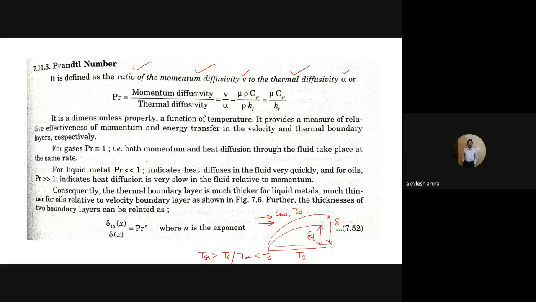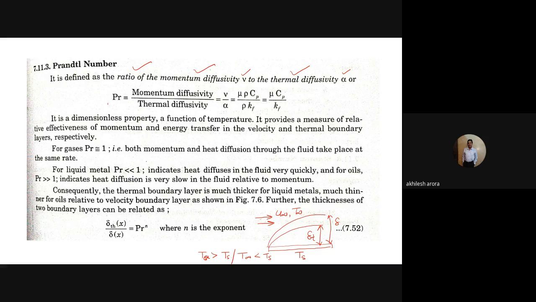This Prandtl number shows us how much is the diffusion of the momentum from the surface of the solid to the free stream, and how much is the diffusion of thermal energy. So it is showing the relative measure of the two.